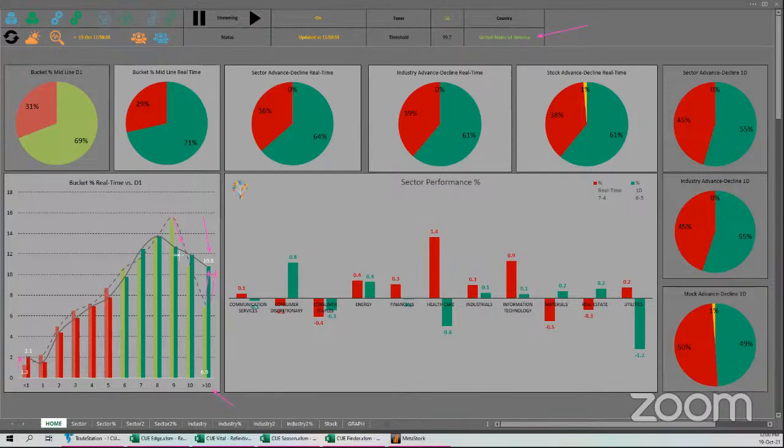But some of the other categories to the right of the mid Bollinger Band, so from 6 onwards, it is to the upper side of the mid Bollinger Band. 5 and below is below the mid Bollinger Band. And we can see from this color, light green to dark green, that this category, for example bucket 9, yesterday there were more stocks in that bucket. Today it came down.